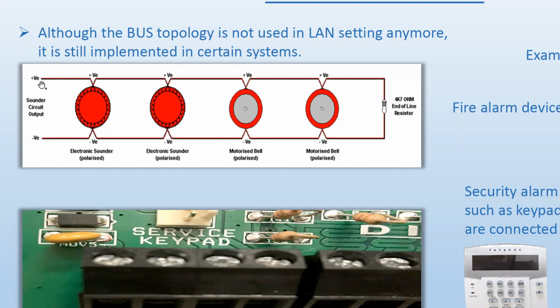So there are the zones. The zone will have to see something that's called an end-of-line resistor with a specified resistance that it's actually looking for, quite often 4.7 kilo ohms. And it has to be mounted at the end of the line.